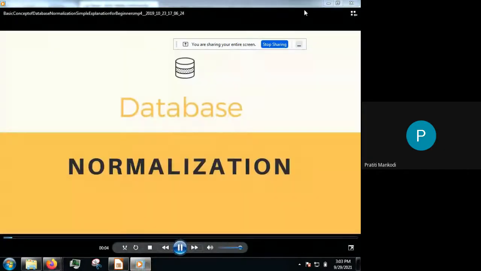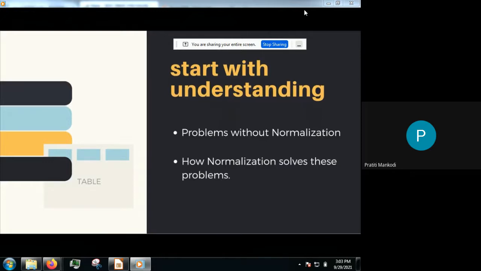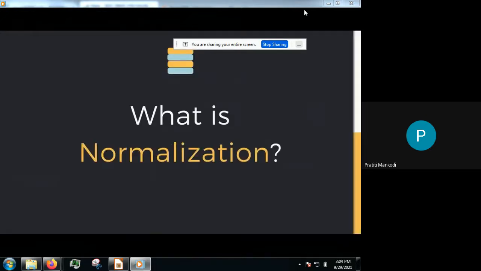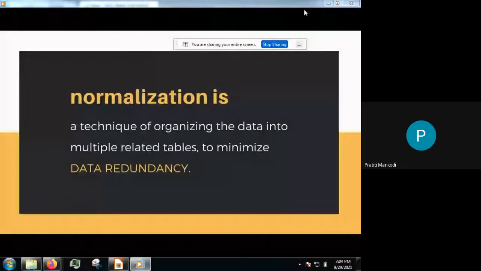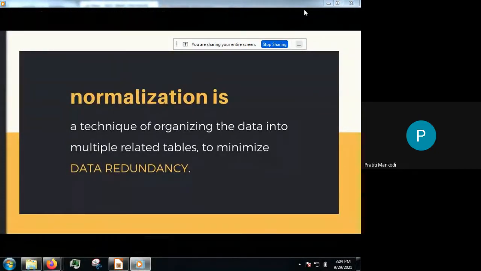So let's start with the process. This we have discussed, why we normalize: to minimize the redundancy and to eliminate the problems, to get an assurance that there are no anomalies present in the table.